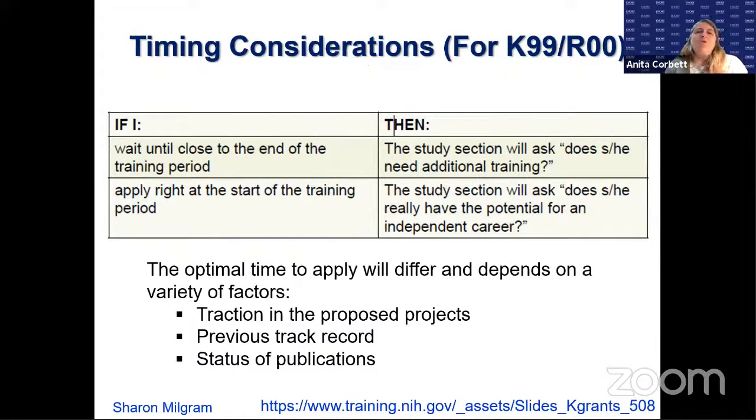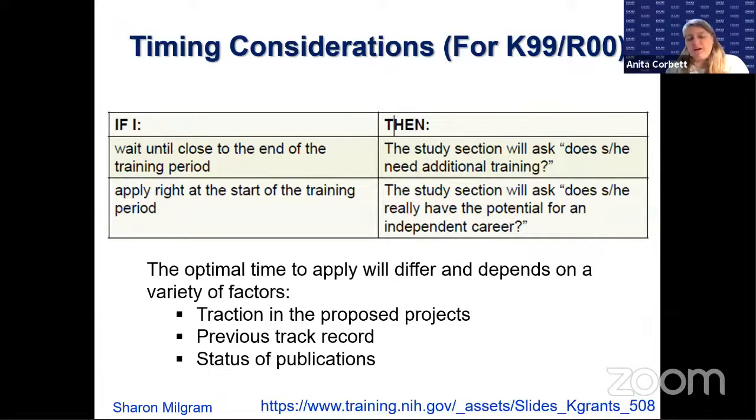And so other things to consider, and this has to do with timing. So if you wait till the end of the training period, then the study section might say, well, do they need additional training? And then if you apply right at the start of your training period, again, the study section might say, well, I'm not convinced this person has the potential for an independent research career. So really tricky to figure out the timing of this.